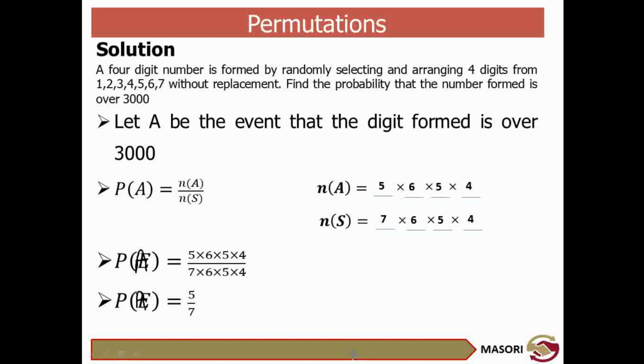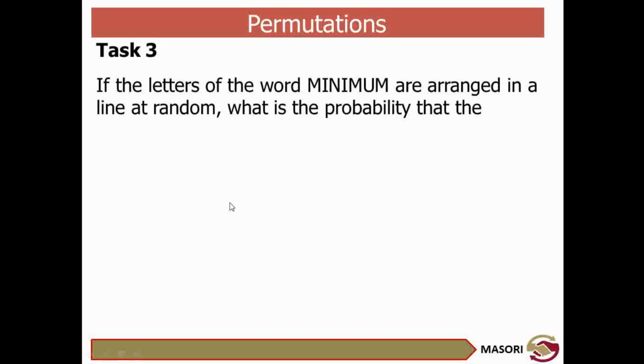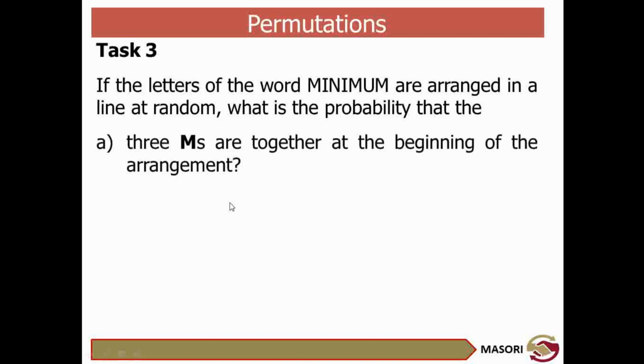Let's look at the third task before we wind up with permutations. If the letters of the word minimum are arranged in a line at random, what is the probability that the 3 M's are together at the beginning of the arrangement?